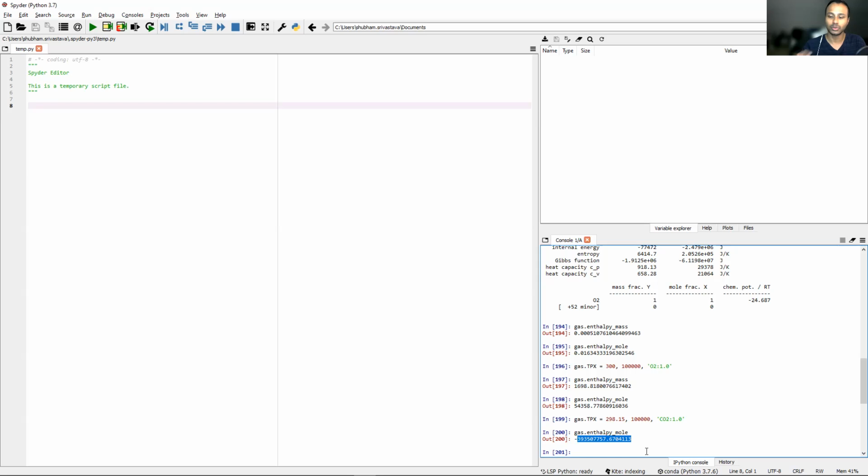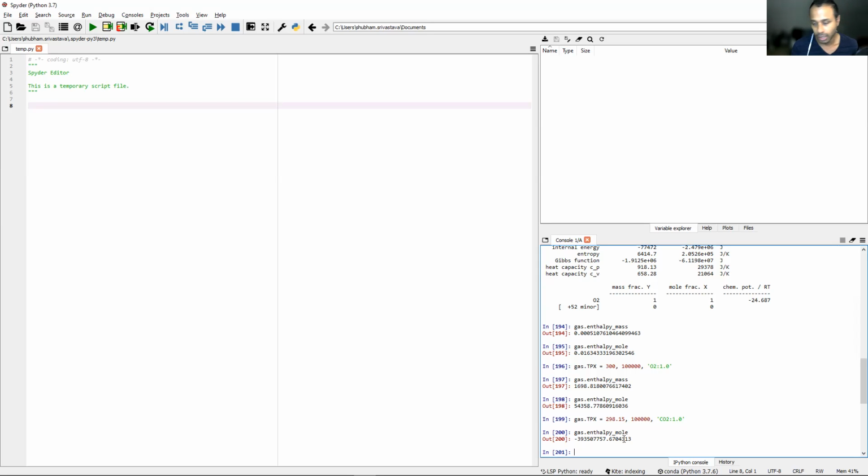If you convert this to kilojoule per mole, it will come out to be the same as what you saw in that table, which will be minus 393.5 kilojoule per mole. Okay, so all of this makes good sense. It matches. And this is how you can find the enthalpy of formation of any species in Cantera.